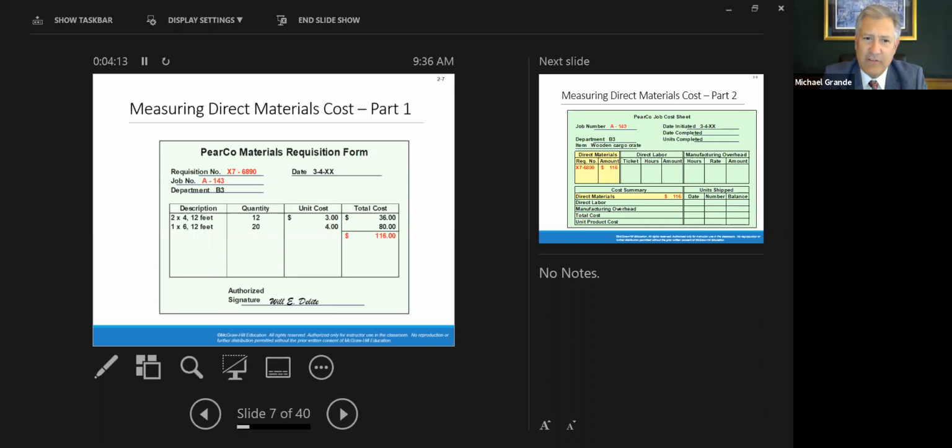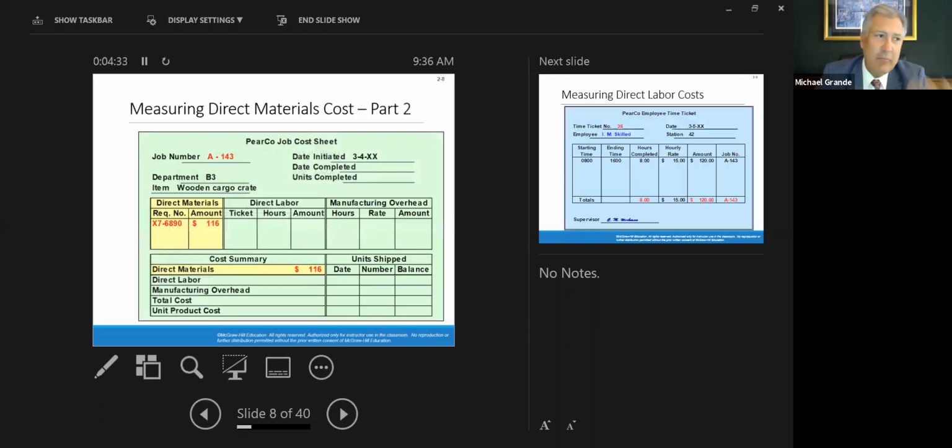They got 12 feet of 2x4s at $3 for $36, right? Quantity and price. And then they've got some 1x6s, also 12 feet. And they use 20 of those, and the cost is $4 each. So their direct materials cost is $116. And then they put that on the job cost sheet.